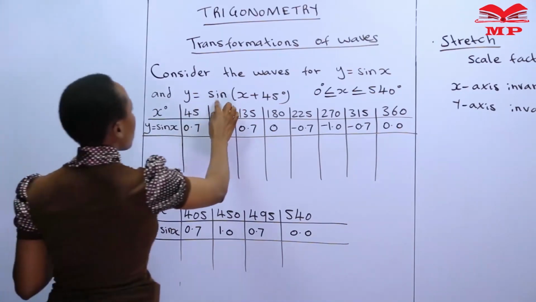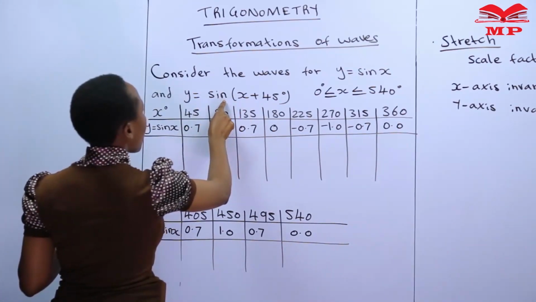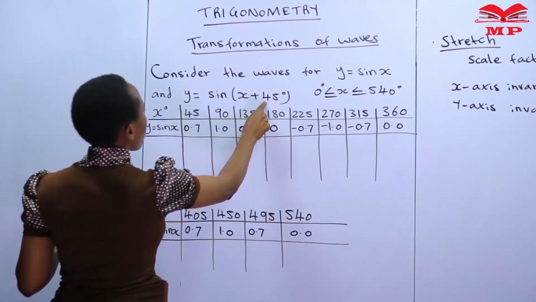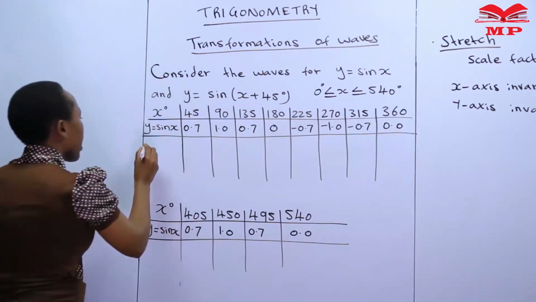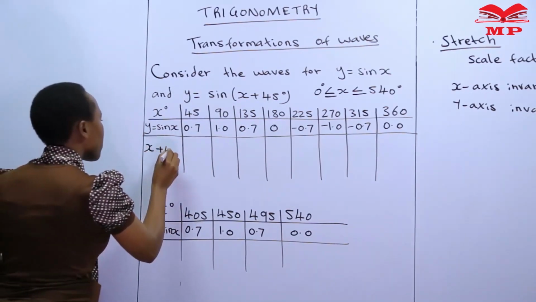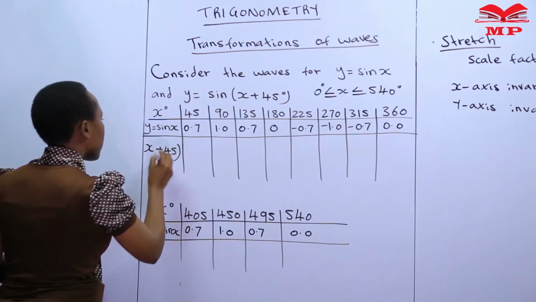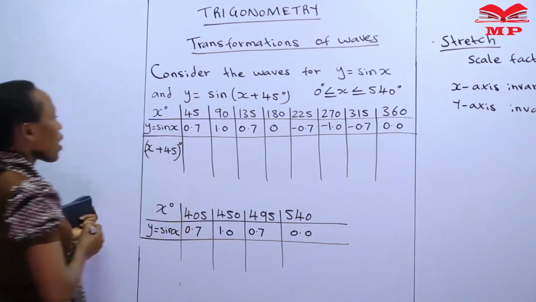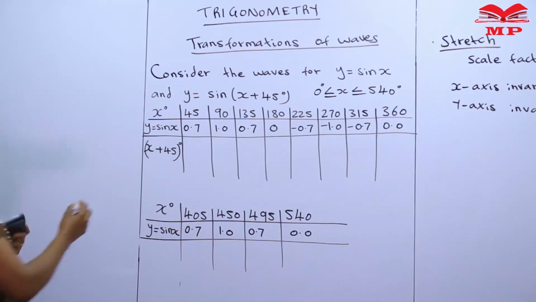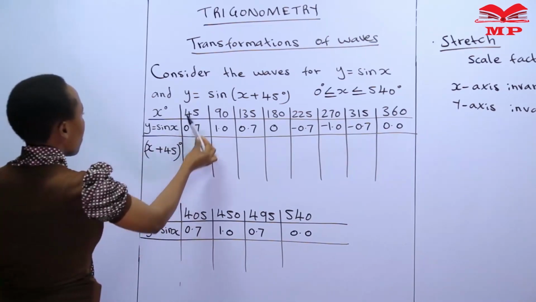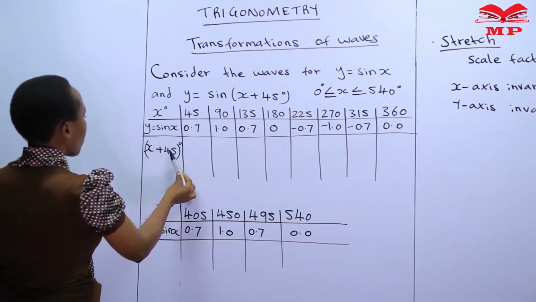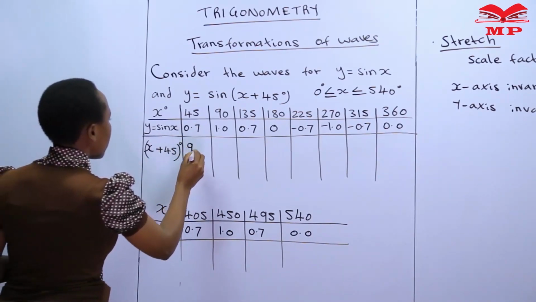Then we can also include the other part, whereby we have sine (x plus 45). So here we can have x plus 45 degrees. In this case, we'll be adding 45 plus 45. Here we get 90.